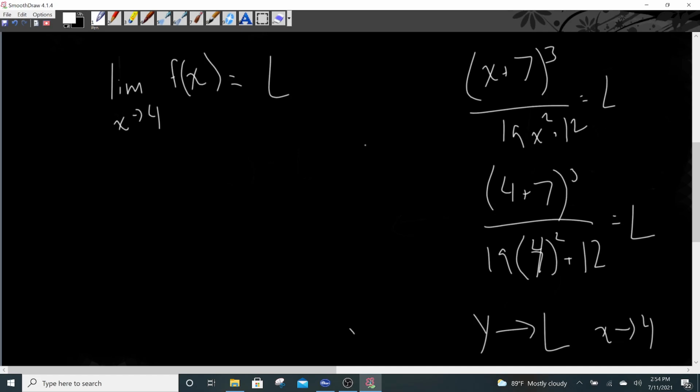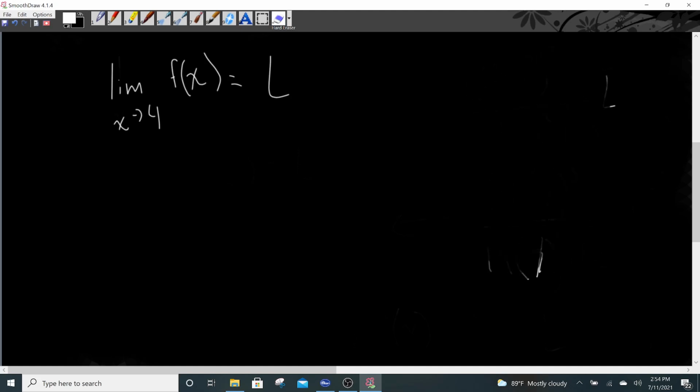Because, again, y is a function of x and will therefore change as x changes. But still, direct substitution for most functions is a pretty good way to see where the y values are trending towards. And yeah, that's basically what direct substitution means.